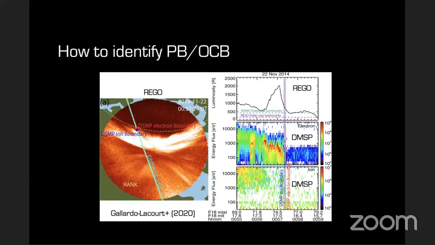In general, the comparison indicates good agreement between the particle and optical poleward boundaries. However, as you expect, such a conjunction of simultaneous space-ground observations rarely happens. To study poleward boundary auroral phenomena, we definitely need more such conjunctions.